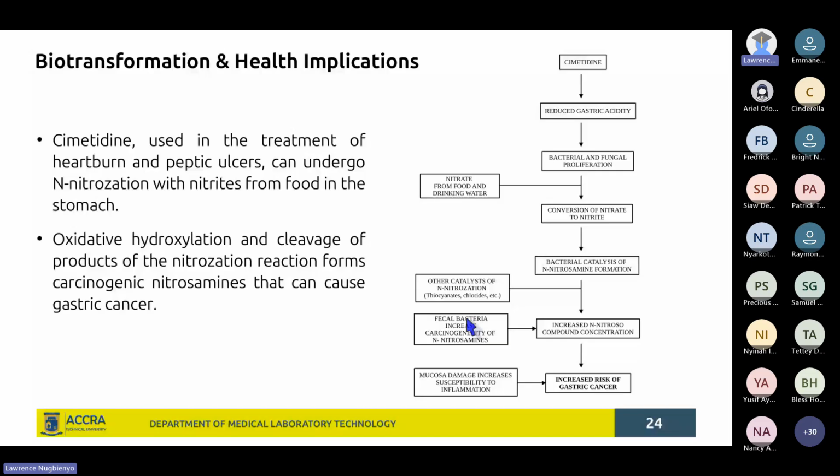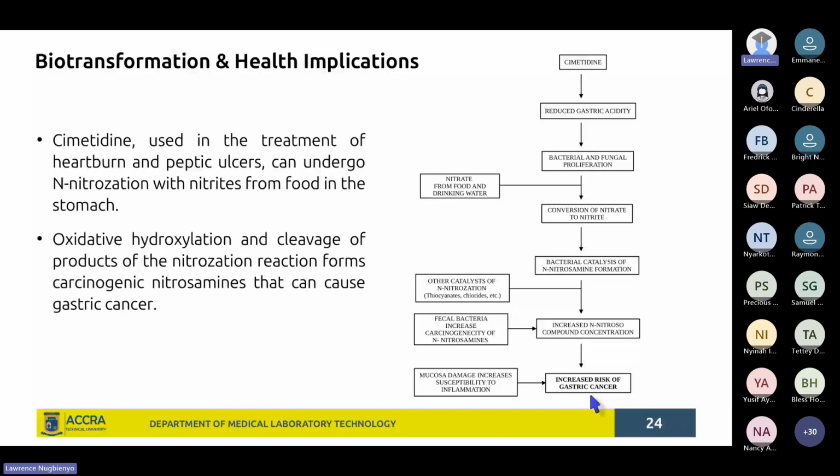And these nitrosamines can combine with some thiocyanates, chlorides, also coming from food substances, with also the activity of this bacteria on these nitrosamines, that is nitrosation. And in the end, what happens really is that you have an increased risk of gastric cancer.